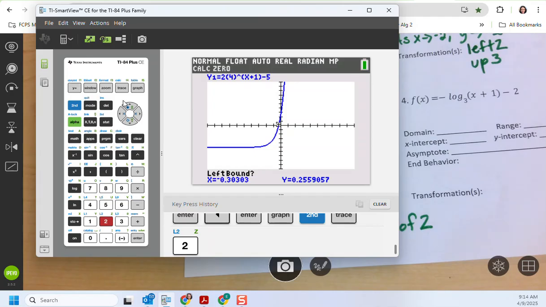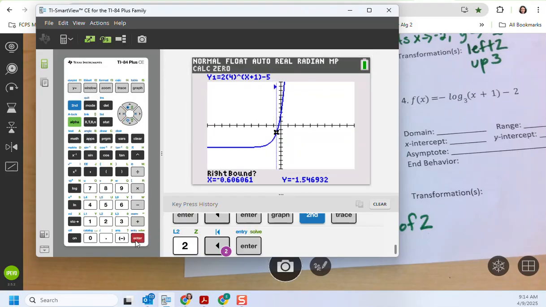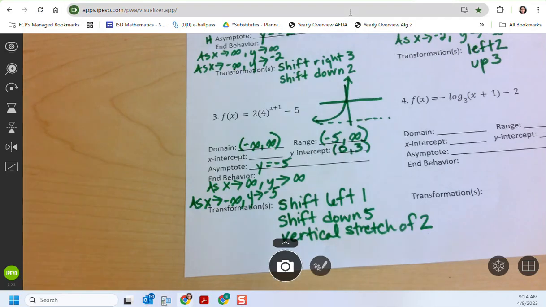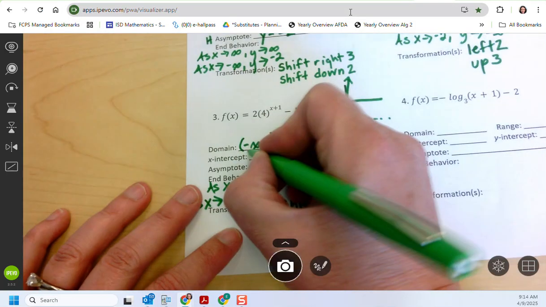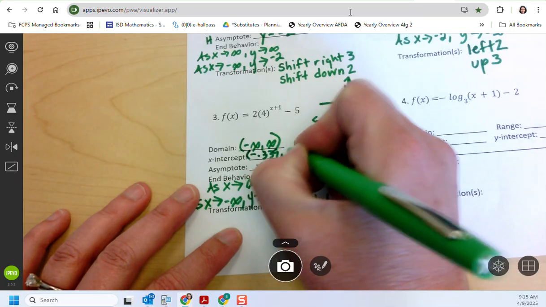Then for left bound, use the left arrow to go to the left of the 0 and press enter. Then it says right bound, move to the right of the 0 and press enter. And then for guess, move close to the 0 and press enter. So we're going to put this on your paper now. (-0.339, 0).